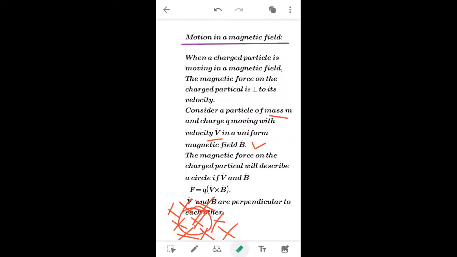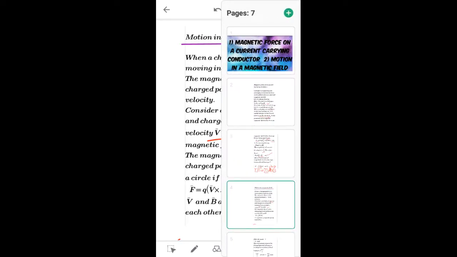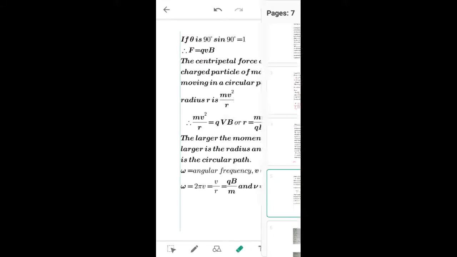That figure I will show you afterwards. So the force experienced by the charge will be F equal to Q into v vector cross B vector. So v and B are perpendicular to each other. Now let us go to the next slide.